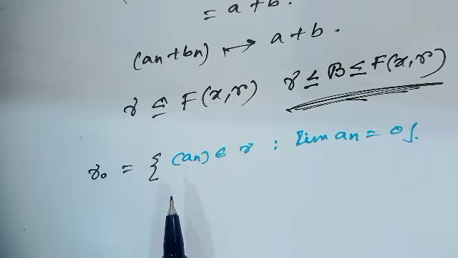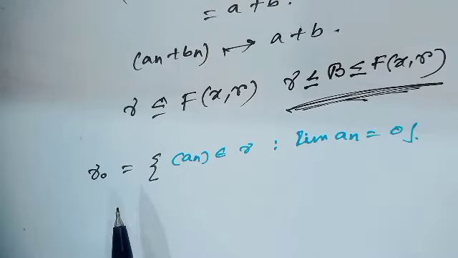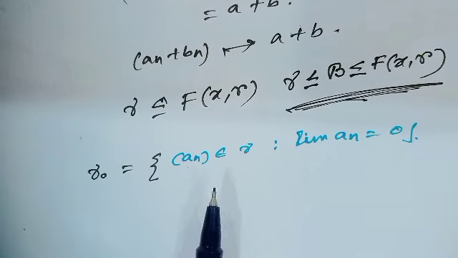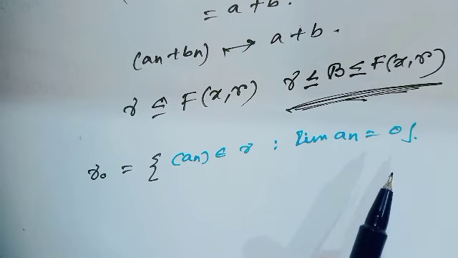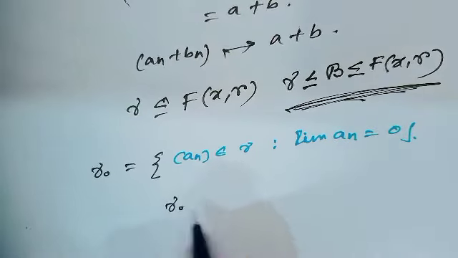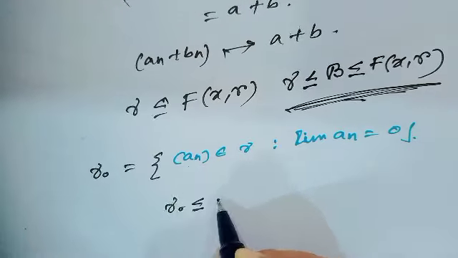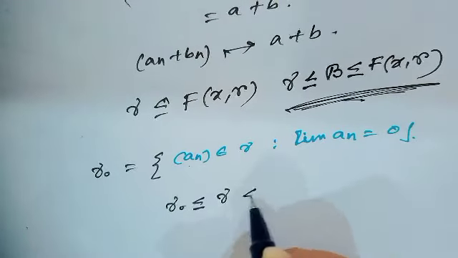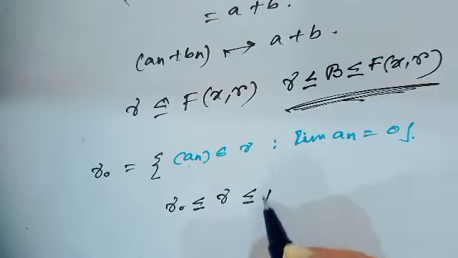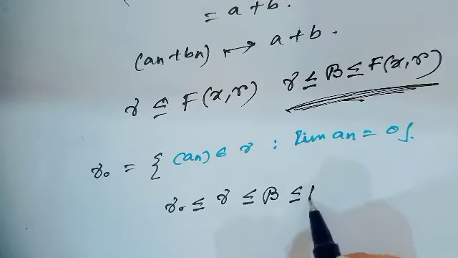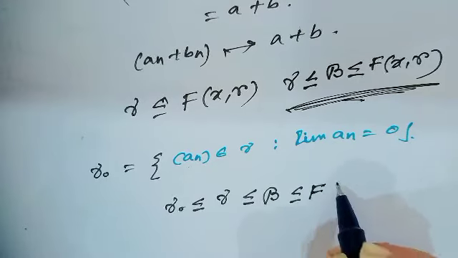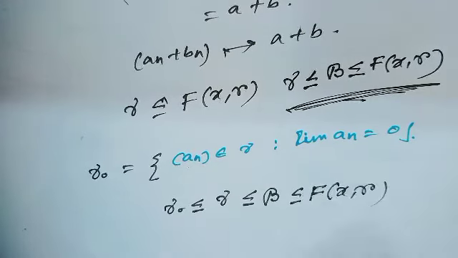Now consider another vector subspace gamma naught, which is defined as the set of all sequences such that the limit of these sequences equals 0. And obviously gamma naught is a vector subspace of gamma, and gamma is obviously a vector subspace of B, and this is a vector subspace of the main set of all sequences.